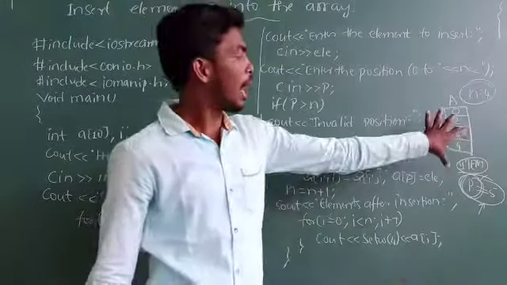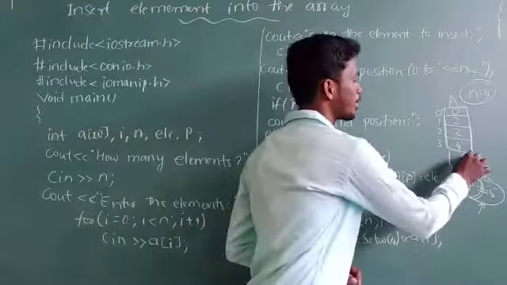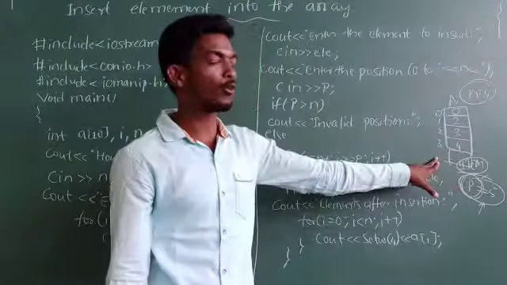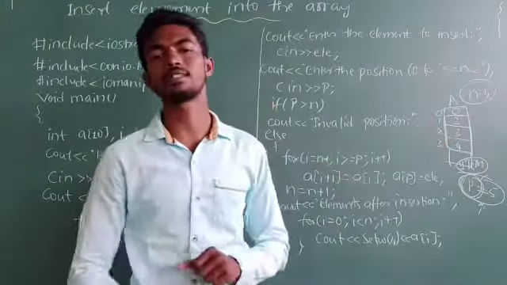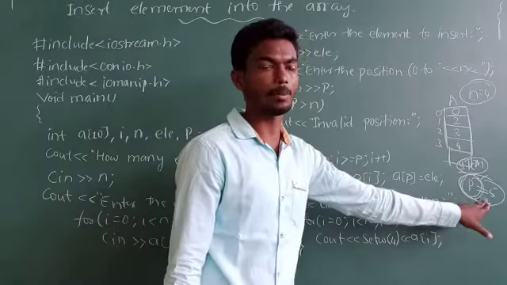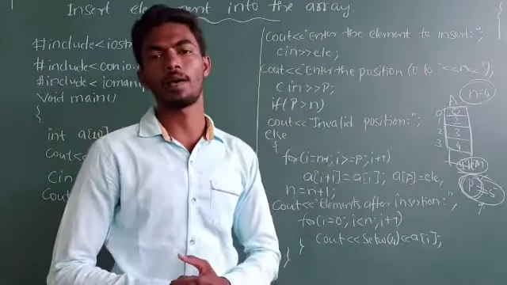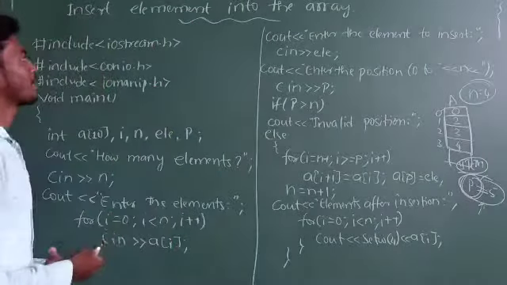Why? Because array elements always have to be stored in consecutive memory spaces. Here 4 is skipped, so this is false, and we can't insert an element into the array when the given position P is greater than the n value. Understood? Then we'll go to the programming example.